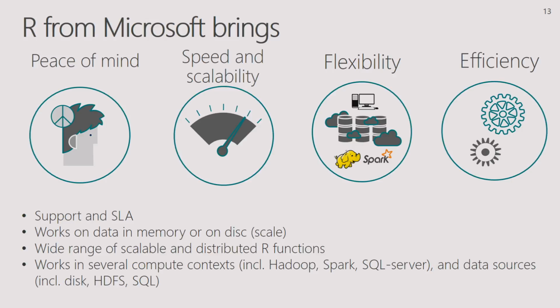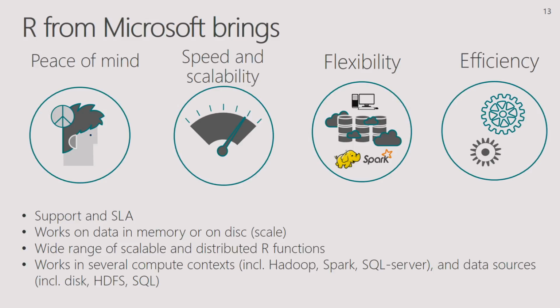So you can work with the R Server on top of Hadoop and Spark clusters, SQL Servers, for example, and the data source can range from disk on your local workstation to HDFS to SQL Server and so on.